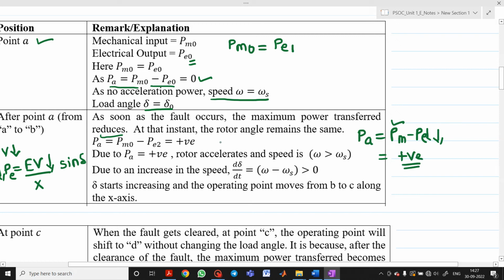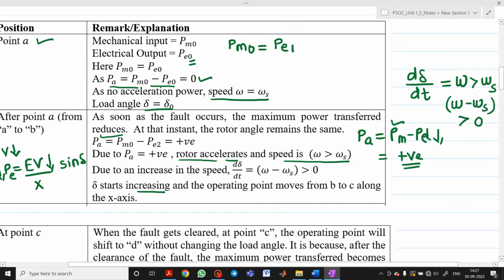Due to PA being positive, the rotor will start accelerating, and the speed of the rotor will become greater than the synchronous speed. That is, due to the increase in speed, d delta by dt, the rate of change of load angle delta with respect to time, which is nothing but speed, is greater than omega s. So you can say omega minus omega s will be greater than 0.